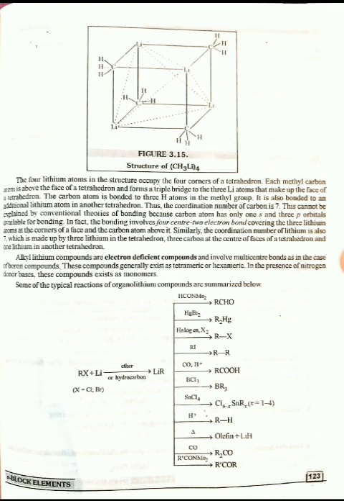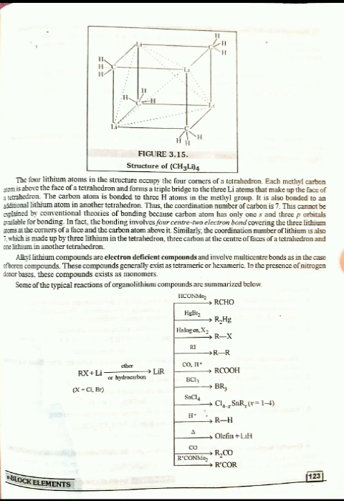RX plus lithium in the presence of ether or hydrocarbon gives LiR, which when reacted with HCONMe2 gives RCHO, with HgBr2 gives R2Hg, which with halogen X2 gives RX, with RI gives R-R, with CO2 and H+ gives RCOOH, with BCl3 gives BR3, with SnCl4 gives SnR4-xClx where x is equal to 1 to 4.